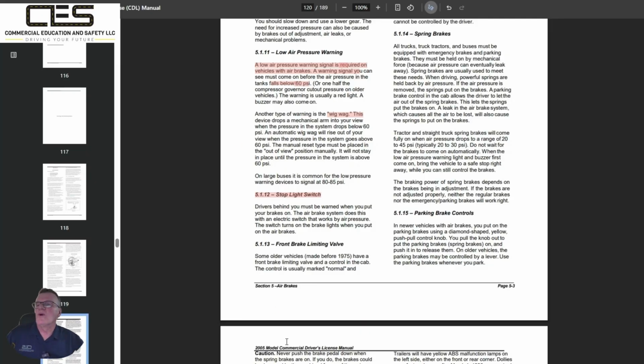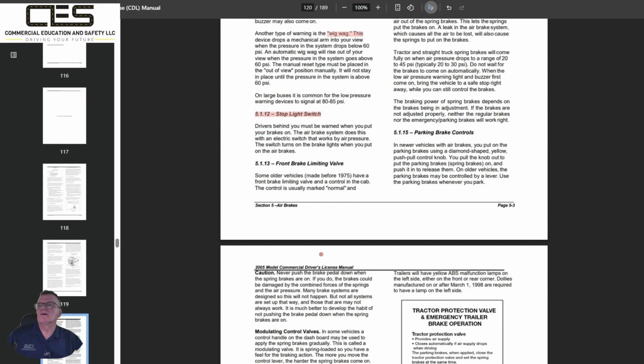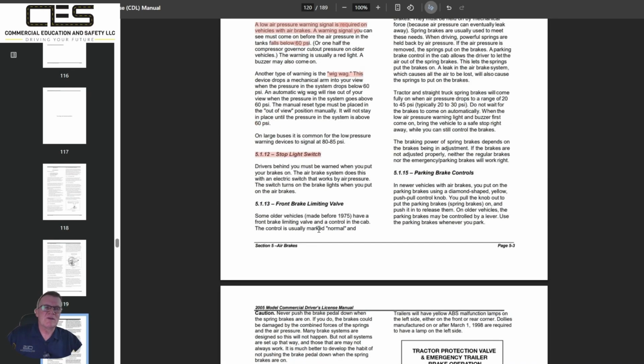Moving to 5.1.3, you may get a question about the front brake limiting valve. You may. So this applies to older vehicles, and we'll talk about what it does. Some older vehicles made before 1975 have a front brake limiting valve and a control in the cab.